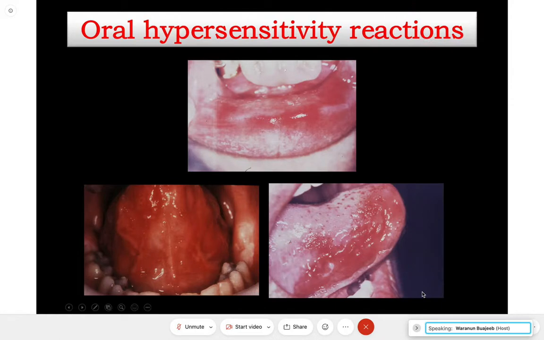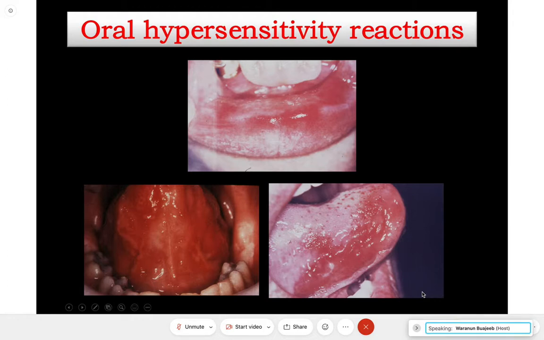So you can see here erythema at the labial mucosa, and you can see here the flange of a denture. In this case, because of the free monomer, it can cause erythema here because of the hypersensitivity reaction of this patient. Or formaldehyde can cause ulceration in these patients.